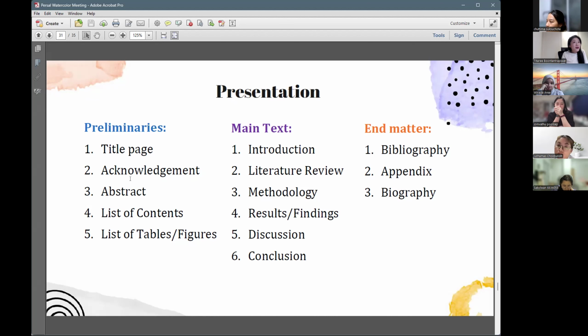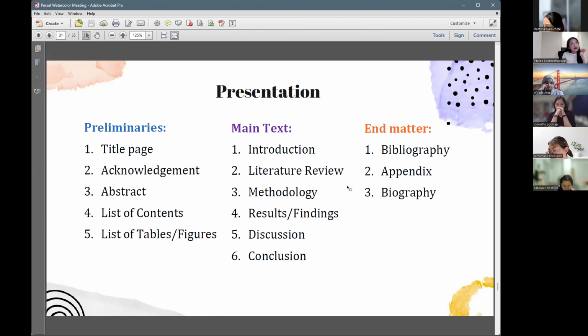The organization of your thesis will start from title page, acknowledgement page, abstracts. For those who write your thesis in Thai, there will be a Thai abstract and an English abstract. For those who write in English only, it will just be an English abstract. And next, list of contents, list of figures, list of tables.